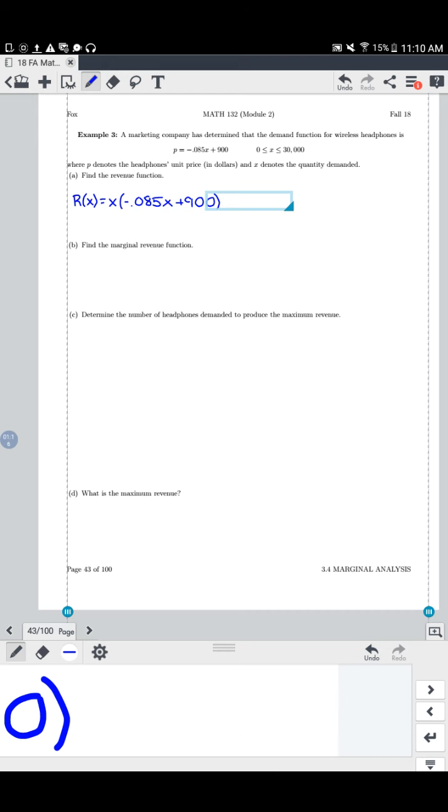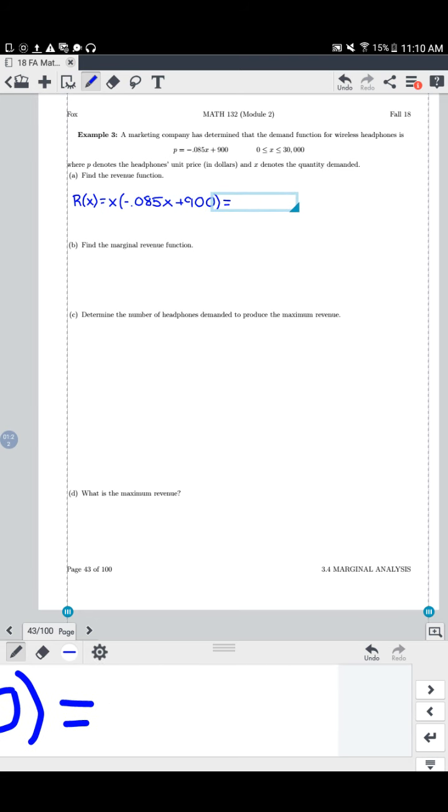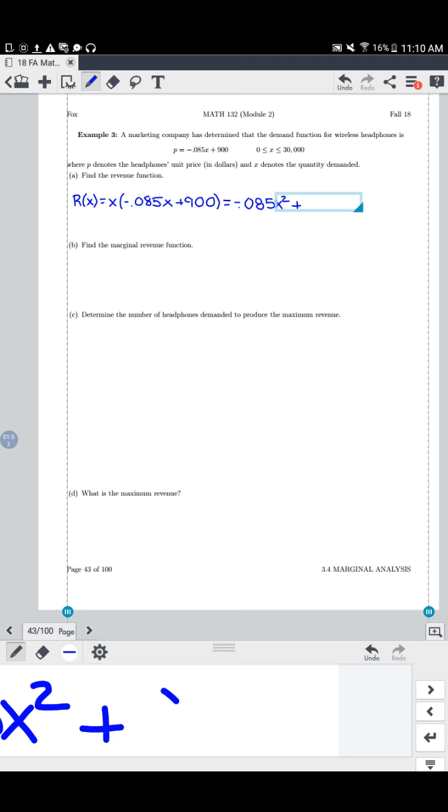Revenue is X times P, and now we need to distribute this X to both terms. So X times negative 0.085X is going to be negative 0.085X squared. And then distributing the X to the positive 900 is going to make it positive 900X. So there's our revenue function.